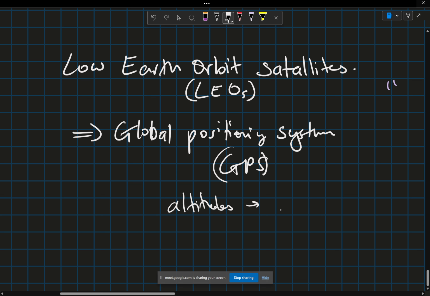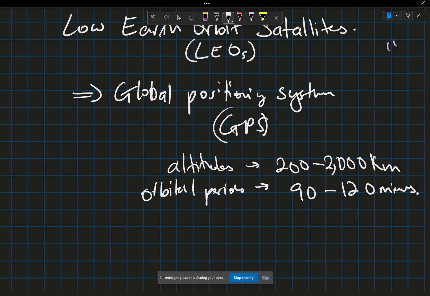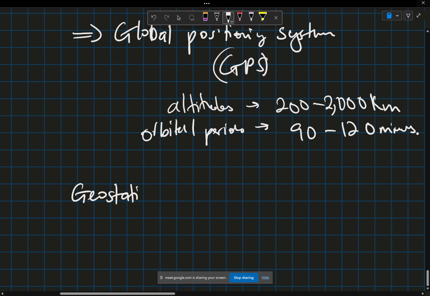So these satellites move quickly across the sky from the perspective of a ground observer. They look like they're moving really, really fast. But if we were to look at our geostationary satellites now, just looking at that, our geostationary satellites.